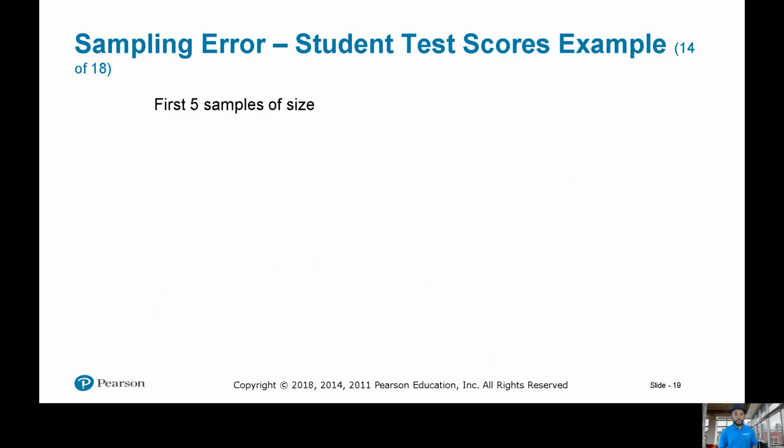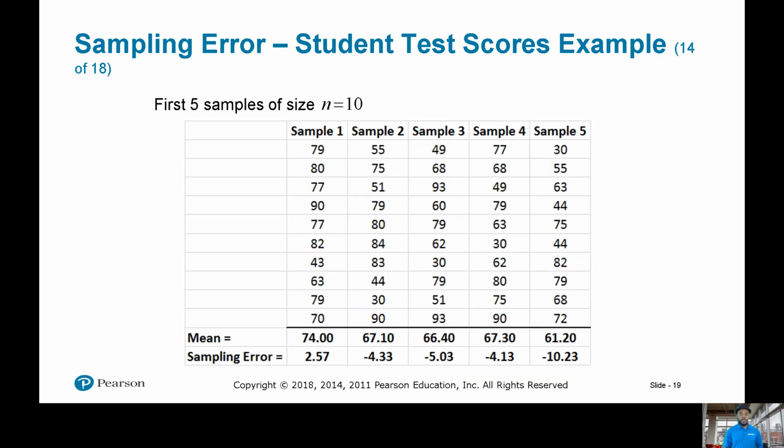Let's see the difference. First, 5 samples of size n equals 10. Again, you can see that the sampling error still fluctuates as we've seen previously.